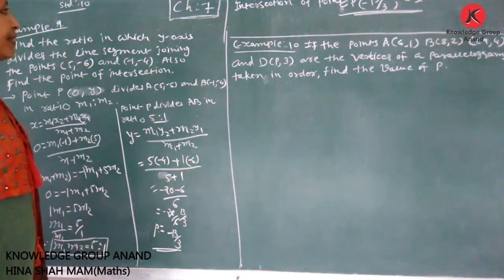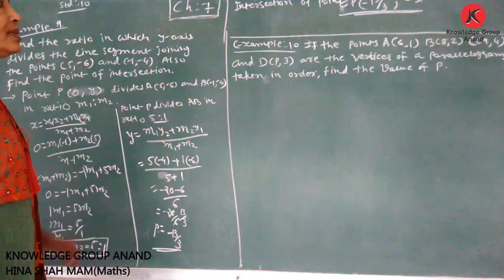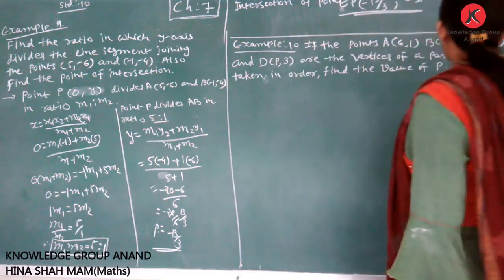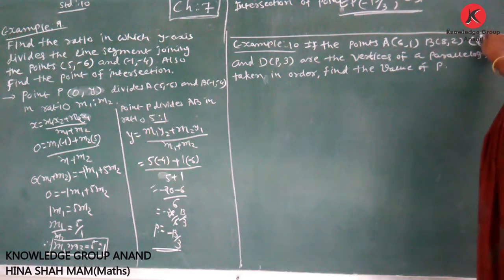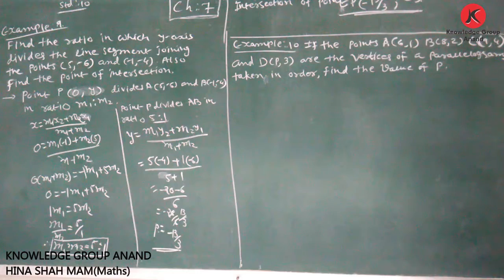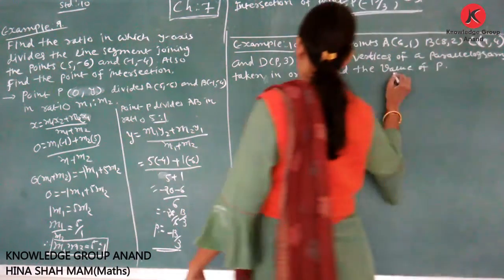Now, example number 10. If the points A (6, 1), B (8, 2), C (9, 4), D (p, 3) are the vertices of a parallelogram taken in order A, B, C, D, find the value of p.